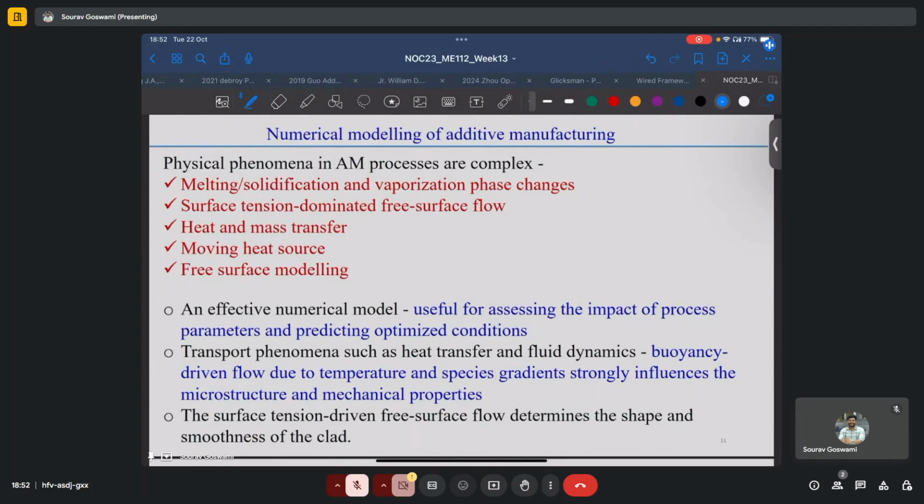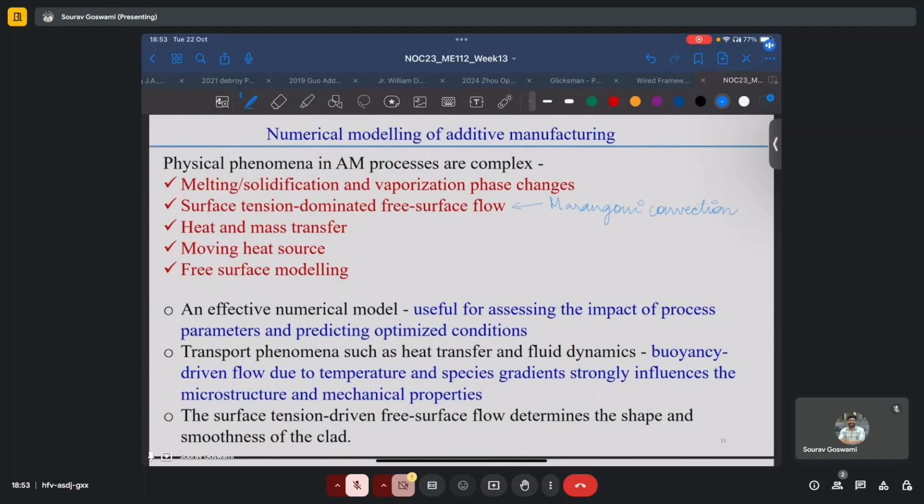On the free surface, there can be surface tension dominated free surface flow, which is typically referred to as the Marangoni effect or the Marangoni convection. So in the liquid, depending on whether the surface tension gradient has a positive slope or negative slope with temperature, that is to say whether surface tension increases with temperature or decreases with temperature, you can either have an inwards flow or an outwards flow from the center of the melt pool.